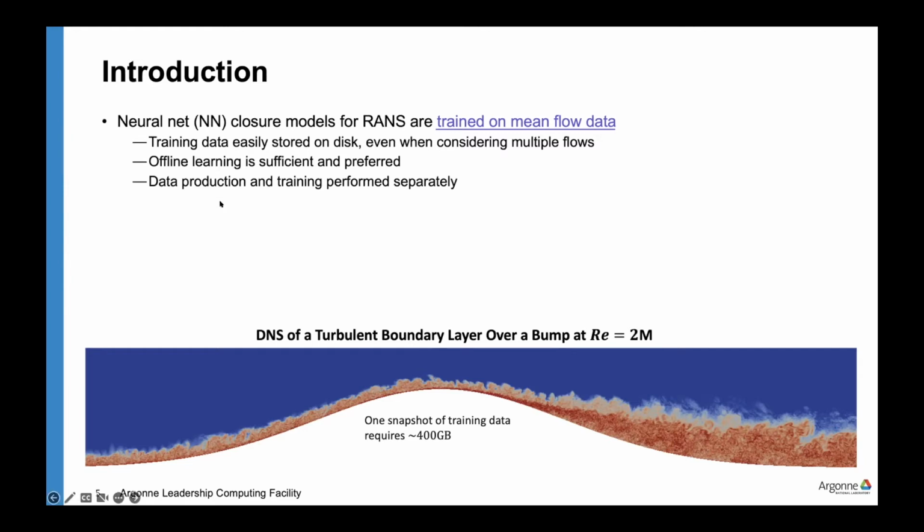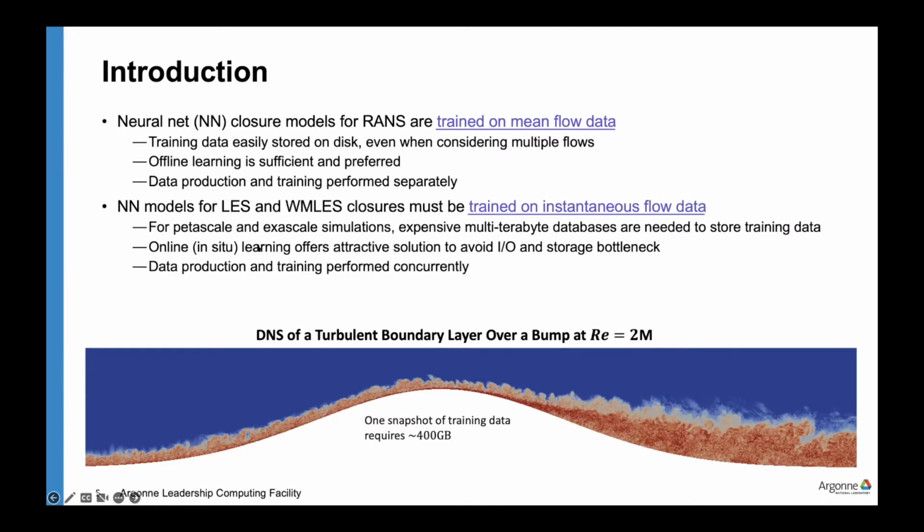Offline learning really means that we are producing the training data and doing the training separately. But if we are now trying to develop neural net models for LES or some of its variants like wall-modeled LES, we really need to train these models on instantaneous flow data.